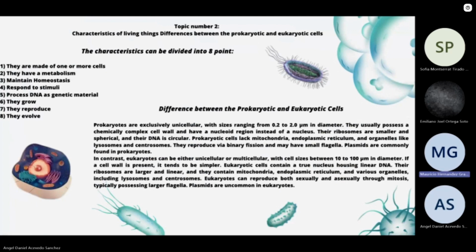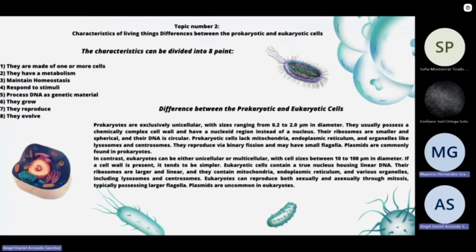But what is the difference between prokaryotic and eukaryotic cells? Well, prokaryotes are exclusively unicellular, with a size ranging from 0.2 to 2 micrometers in diameter. They usually possess a chemically complex cell wall and have a nuclear region instead of a nucleus.